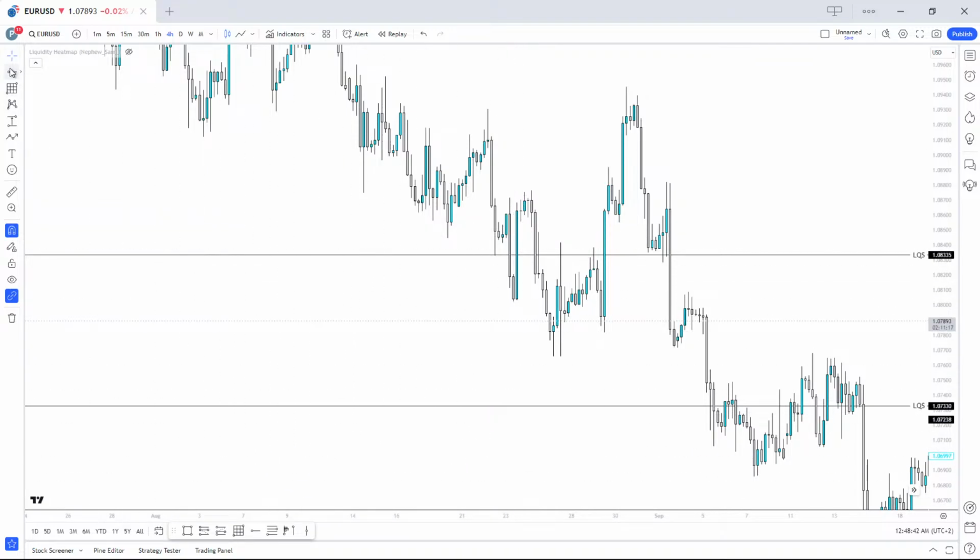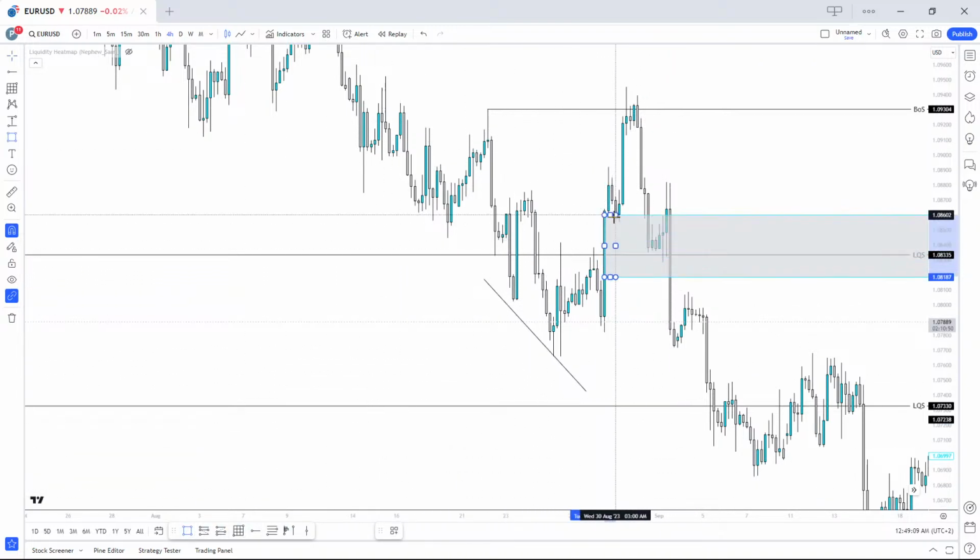Downtrend. Let me mark up this downtrend. A break of structure. Break of structure. A retest with this fair value gap, of course.